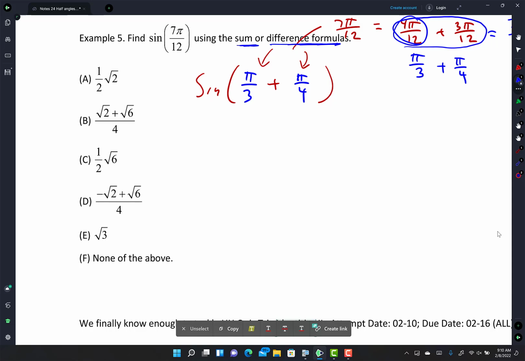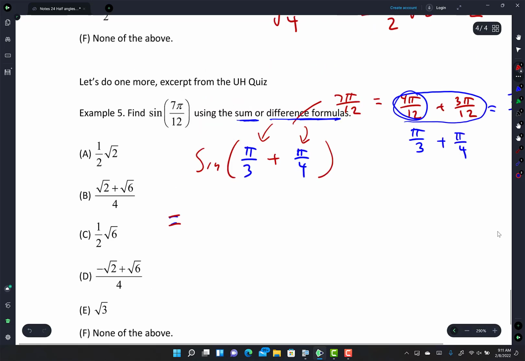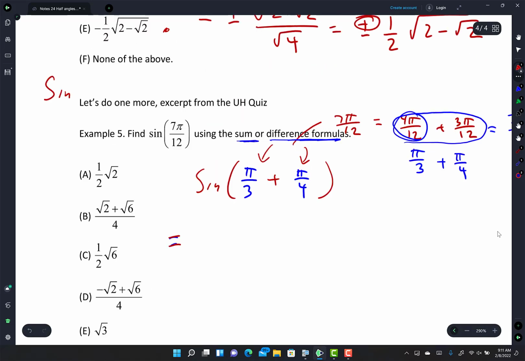All right, here we go, guys. You're just expanding it. Do you remember the formula for sine of A plus B? All right, tell me the formula for sine of A plus B, guys. Sine A cosine B plus cosine A sine B. There you go.